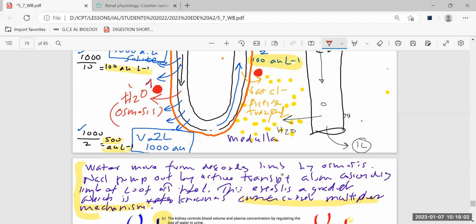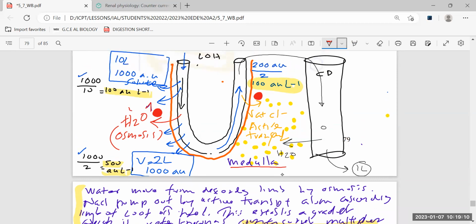Then the second important thing is the medullary space, where sodium chloride concentration is high. As a result, when the fluid enters the collecting duct, some water can still go out by osmosis from the collecting duct into the medullary space.